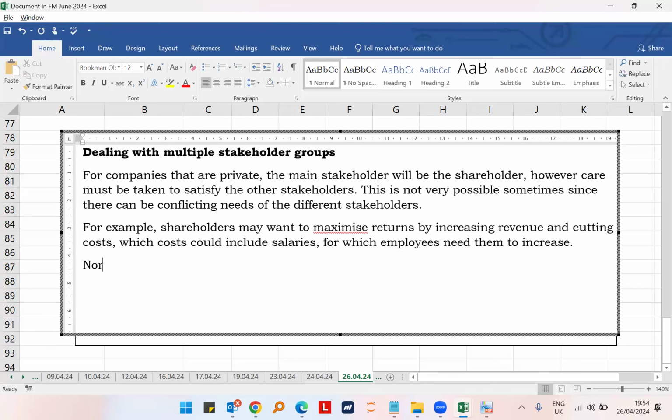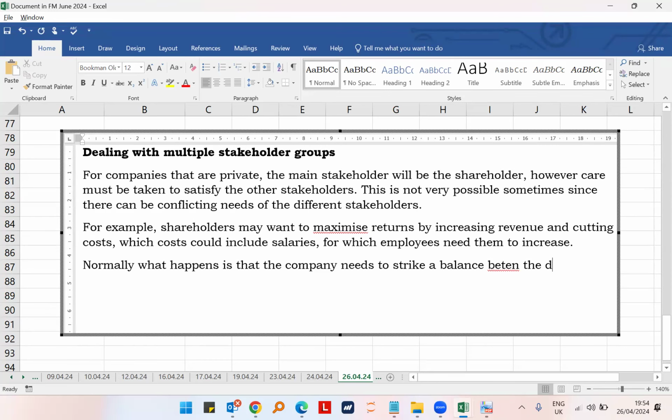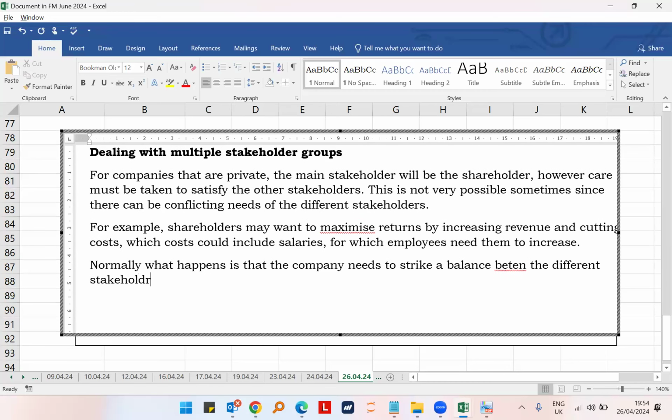So normally, what happens is that the company needs to strike a balance between the different stakeholders and their needs.